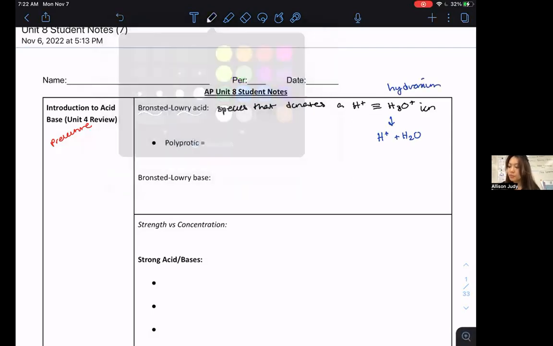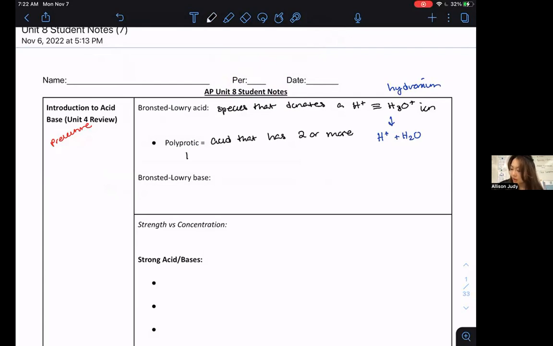A little new term is that we can actually categorize an acid as a polyprotic or a monoprotic acid. So polyprotic acids, poly means many, protic proton. It's an acid that has two or more H plus to donate.